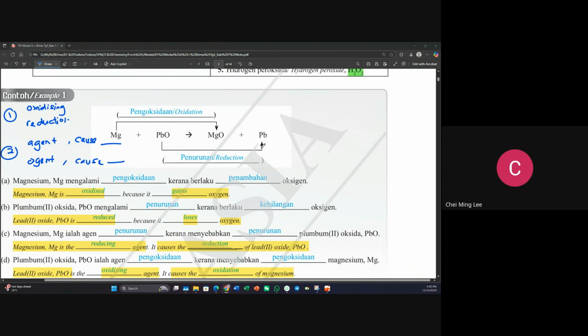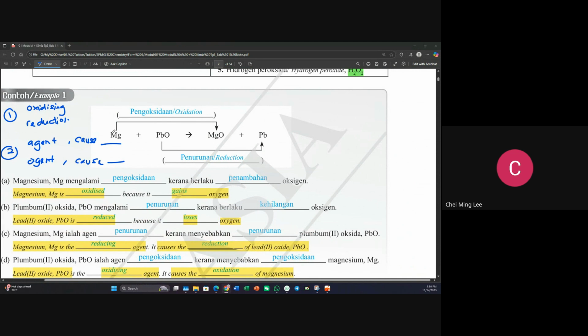So normally when you're facing these questions, when he gives you this and asks you to explain the redox reaction, first you need to mention the oxidizing process. Who has been oxidized? Which one has been reduced? And then who is the oxidizing agent? Who is the reducing agent? And it caused what.